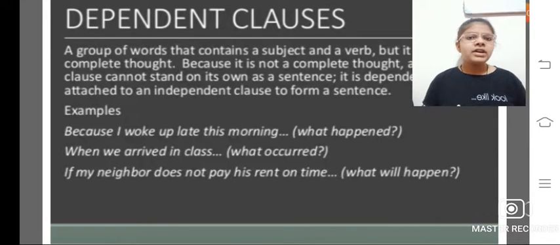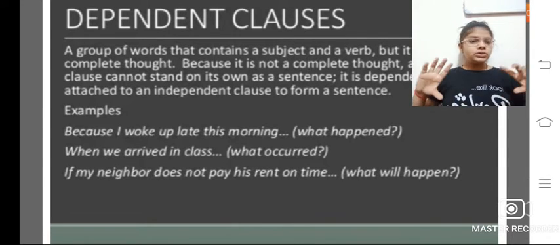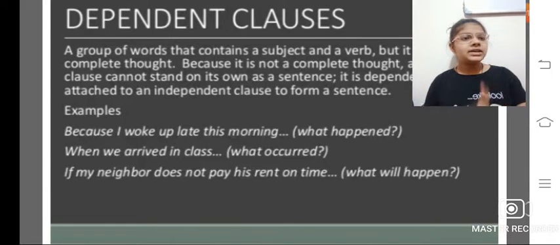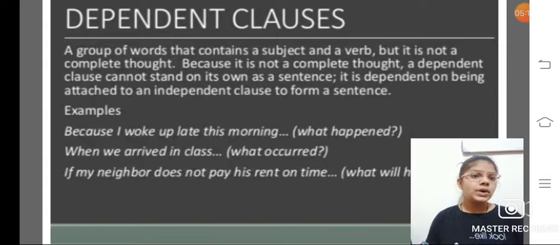But if your neighbor does not pay his rent on time, okay, but what will happen next? What will you do? You don't get a complete sense again there, right? So it is again a dependent clause. You might have noticed that independent and dependent mean just what the words say. From that word you can recognize what it is.